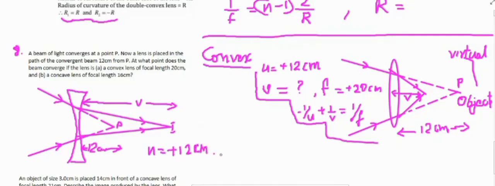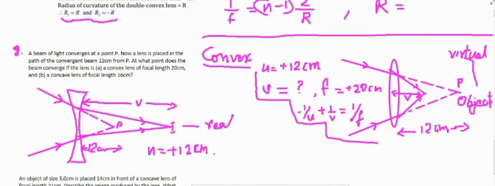Here one more point you have to see: usually you have studied in class 10 that a diverging lens can form only a virtual image, but for a converging beam, when you place a concave lens, it forms a real image.